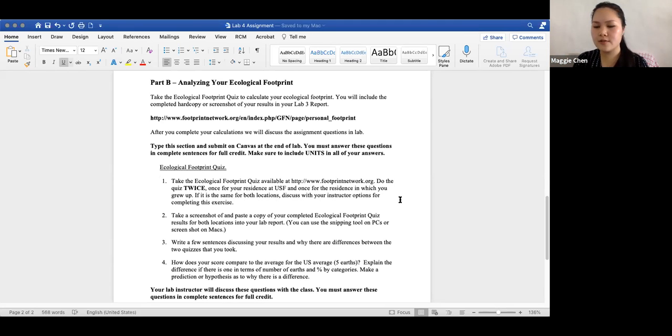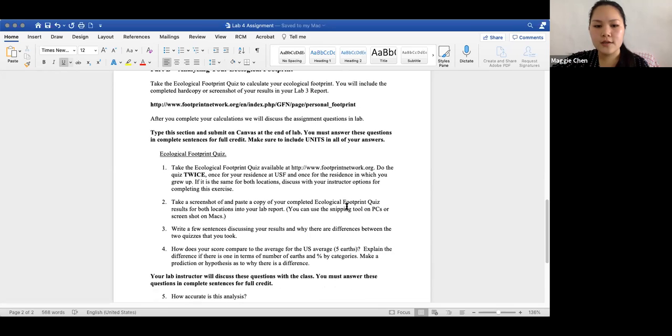If those locations are the same, you would only take this quiz once, and you can just write a sentence in your Word doc saying, my USF residence and my childhood permanent home residence are the same, and I only took this quiz once. But we're just trying to compare the two different lifestyles. So from here, you can take your ecological footprint quiz.